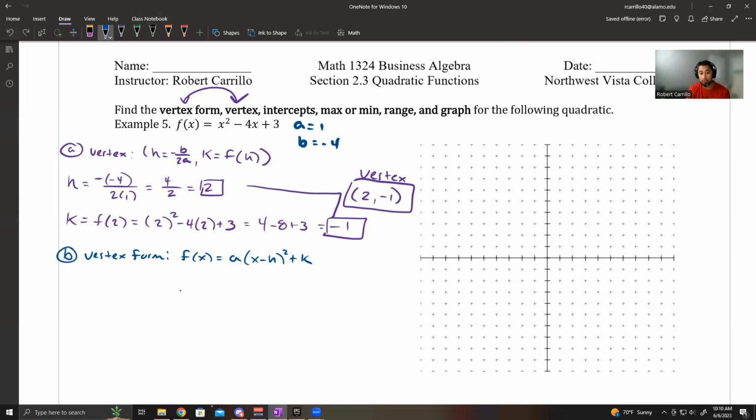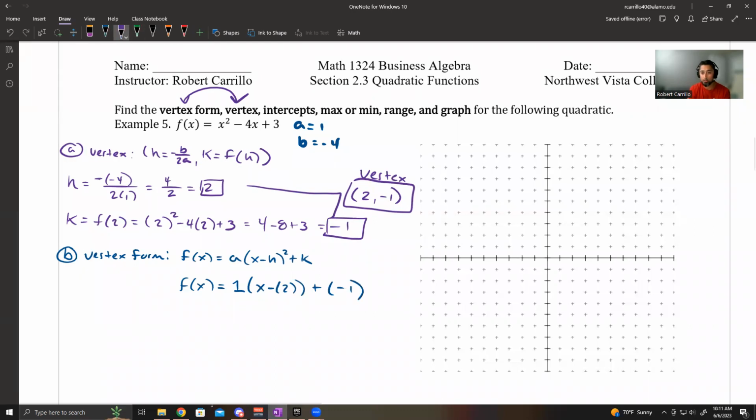So if we plug our numbers in, you'll have f of x equals 1 times (x minus 2) plus negative 1.